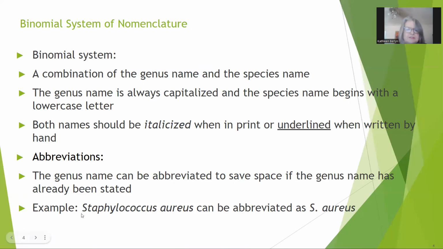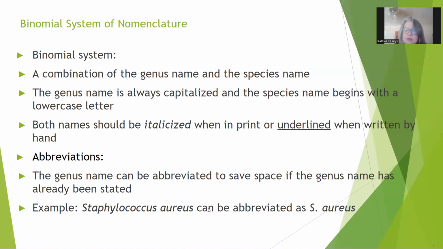The first word, Staphylococcus, has the capital letter, and that's the genus name. So this is the genus. The genus is Staphylococcus. The species is aureus. So genus name, species name. That's the binomial system for nomenclature. If you were talking about a human, you'd say Homo sapien. Homo is the genus, sapien is our species.